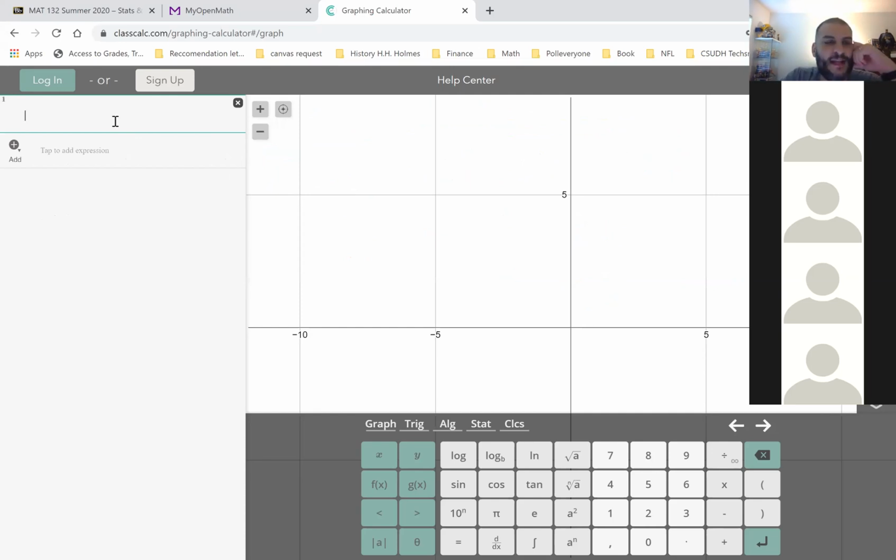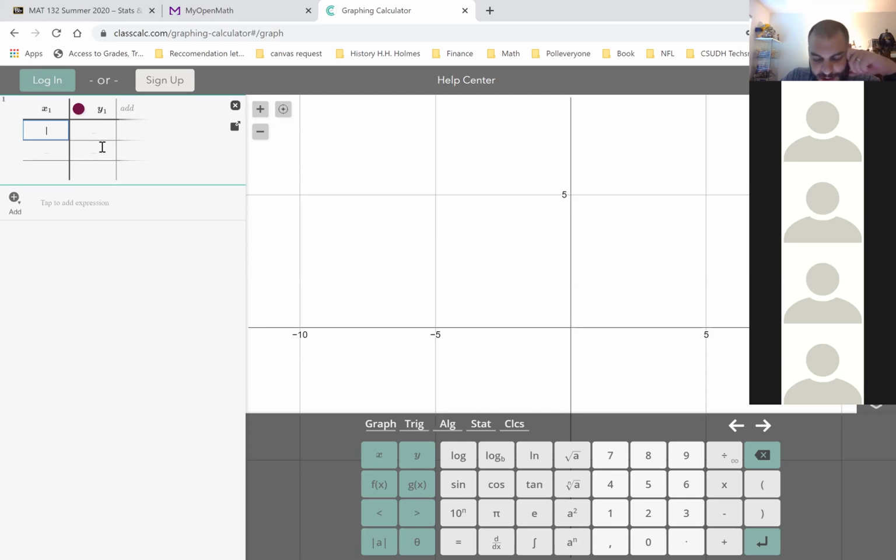All right, in ClassCalc, I'm going to go right here where it says the plus sign, and I'm going to do a table. You have X1 and Y1. X1 is for my X variable, and Y1 is for my Y variable.